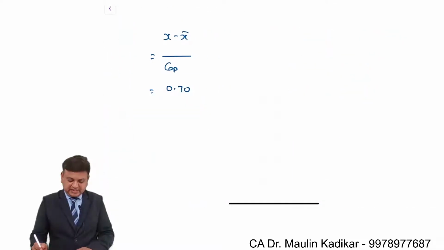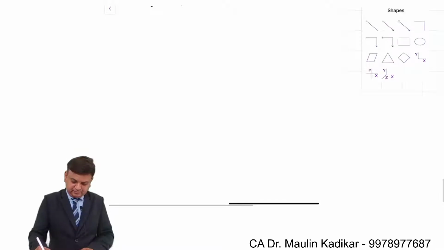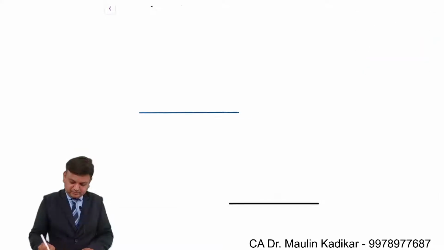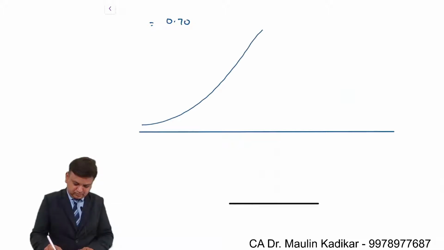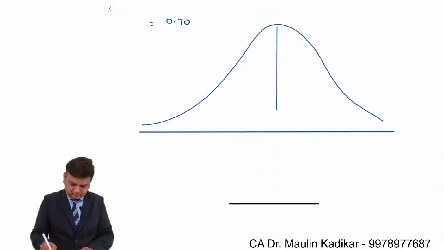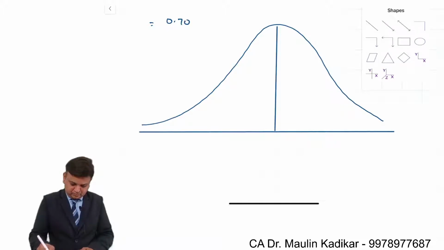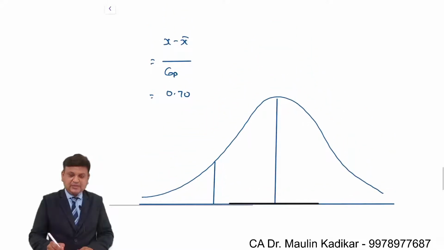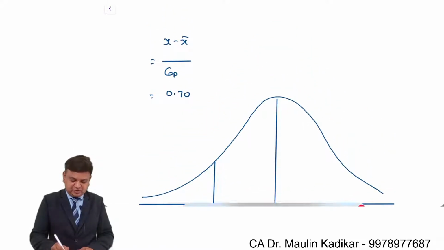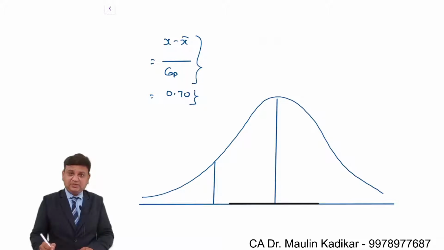So x minus x bar divided by standard deviation of the project is 0.70.